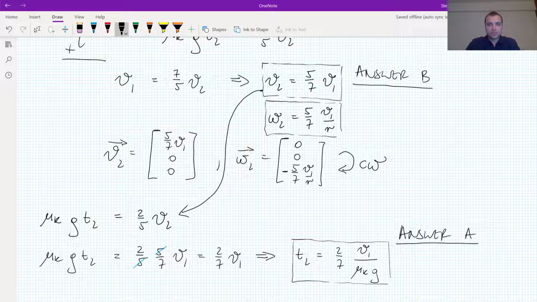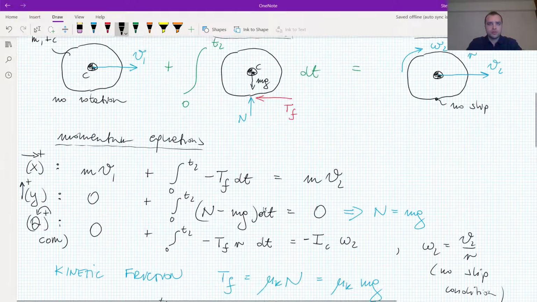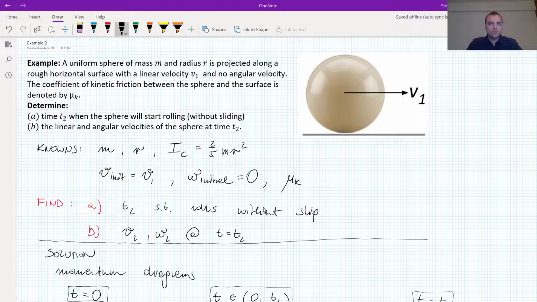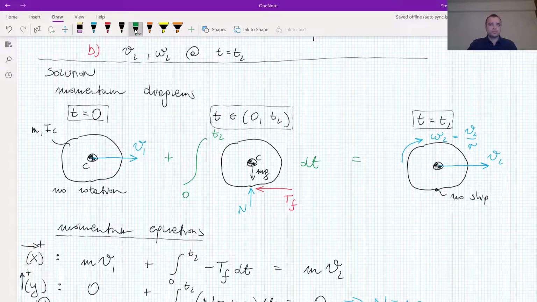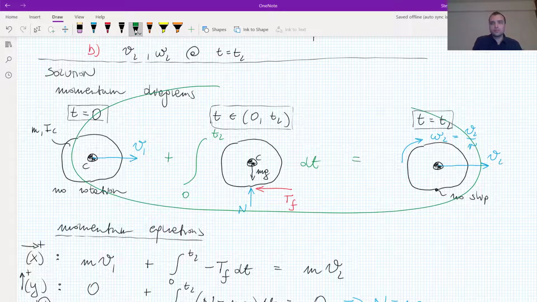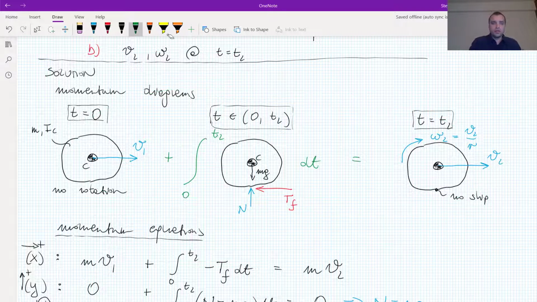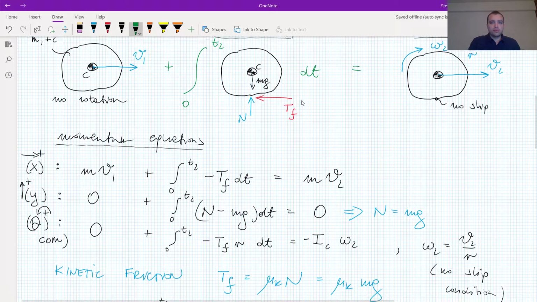So just keep in mind the procedure of solving these problems. I just would like to scroll up the board. In the momentum of rigid bodies problems, I usually start with momentum diagrams. And then, based on these diagrams, I create my momentum equations.